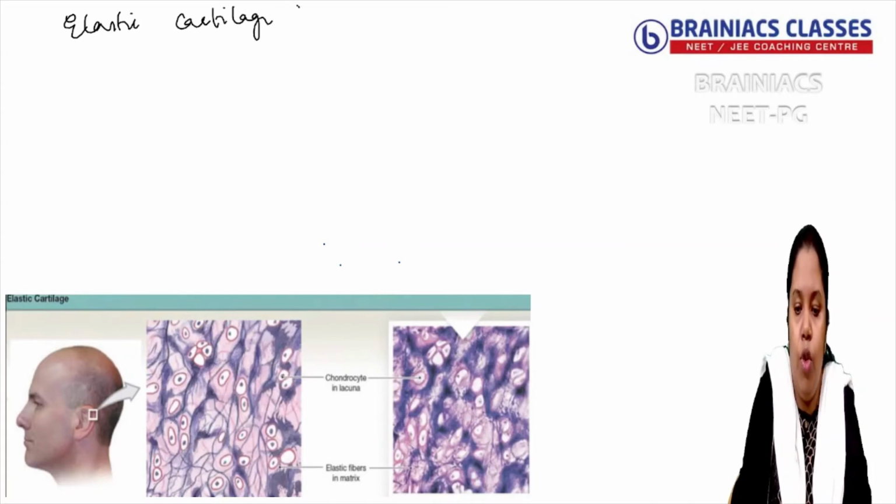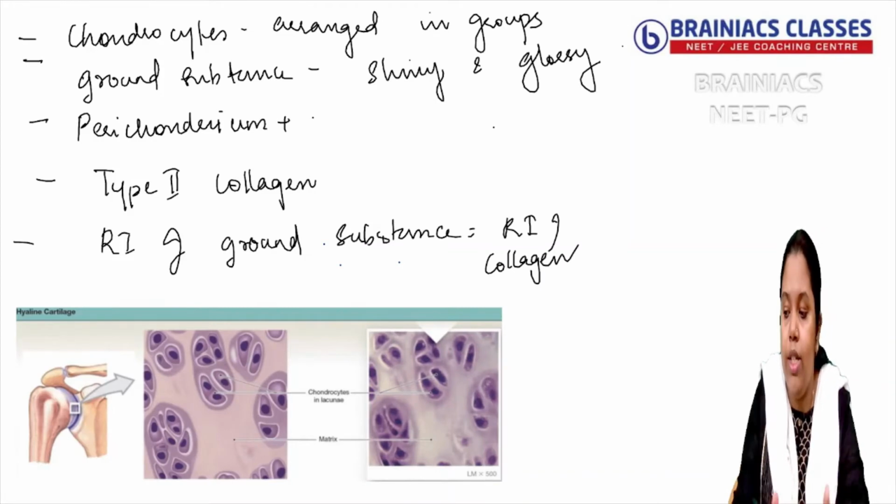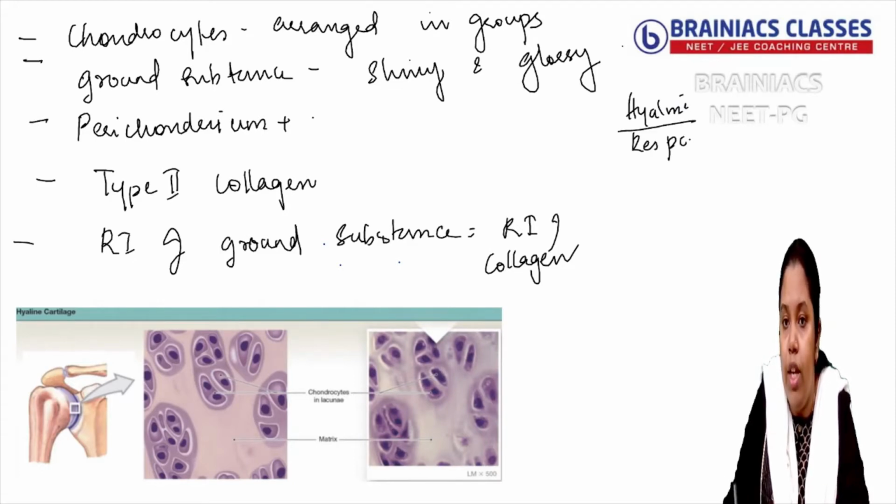Before that, I forgot to tell you the location where you can see hyaline cartilage. Hyaline cartilage is present in the respiratory cartilage, up to which level? Up to the bronchus. Up to the bronchus level you can see respiratory cartilage, which is made up of hyaline cartilage.